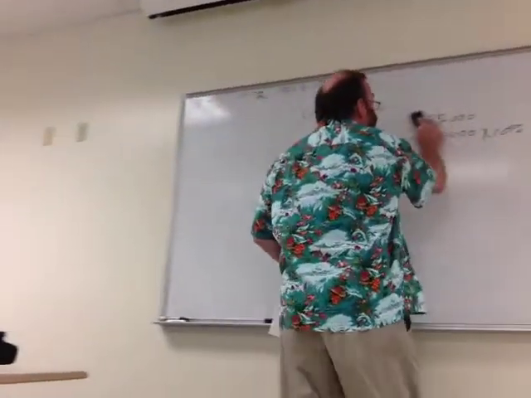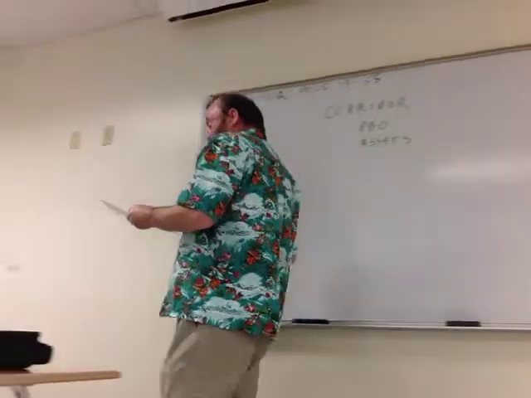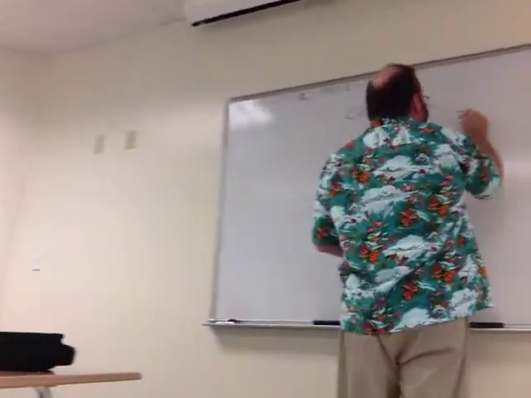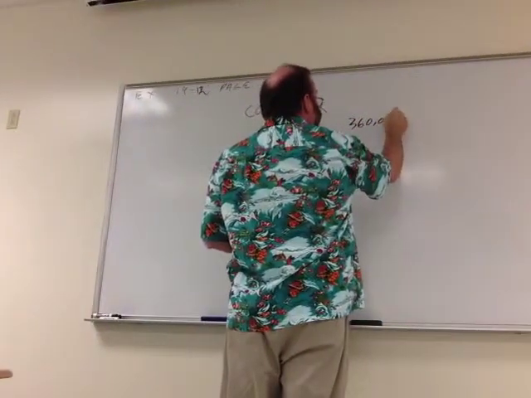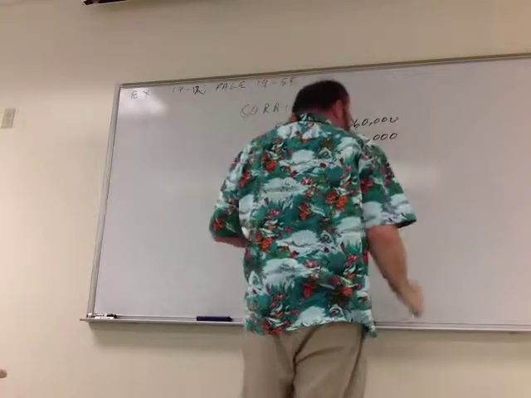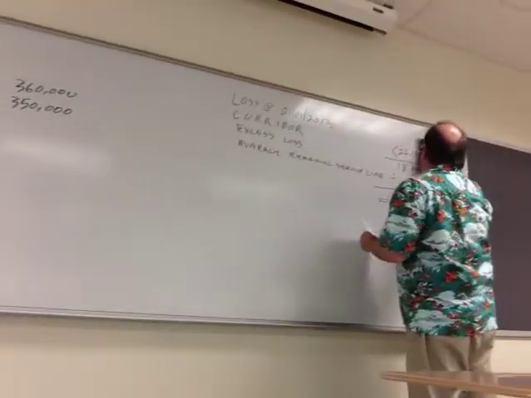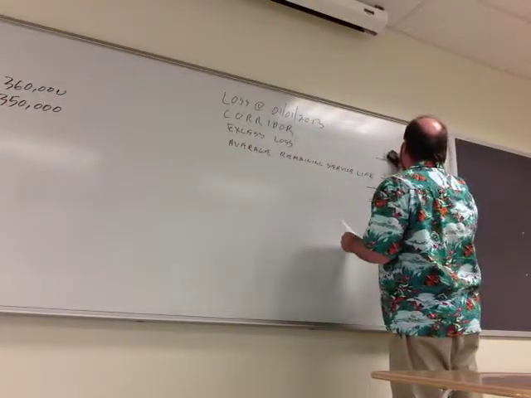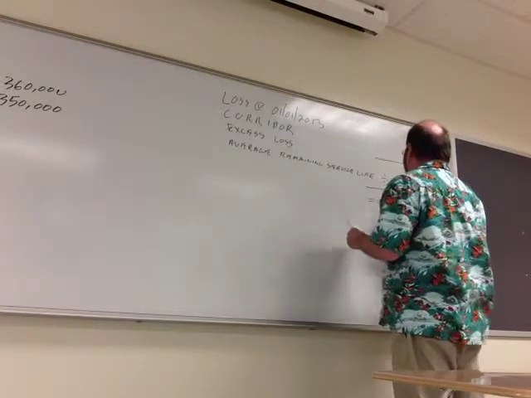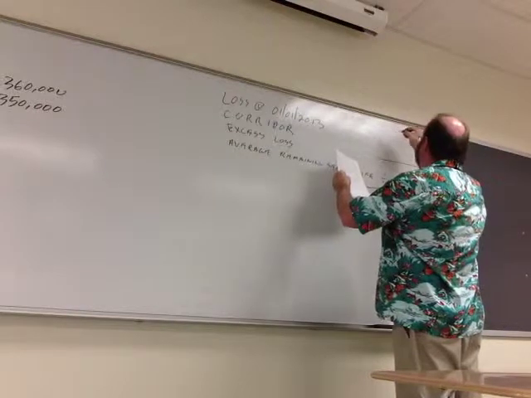So we have $350,000 for plan assets and $360,000 in projected benefits. So we're underfunded by $10,000. In this case, our loss is $64,000.